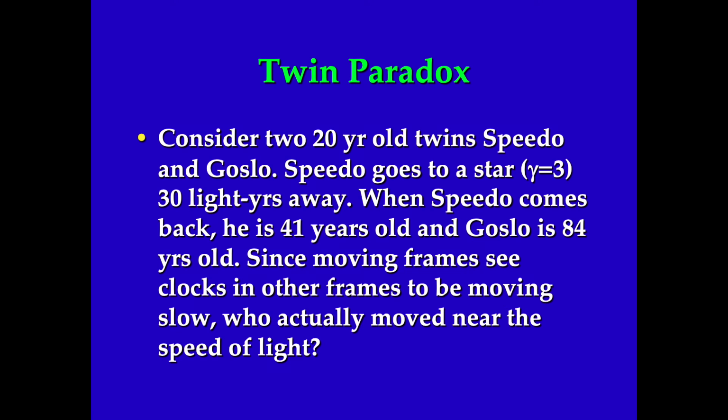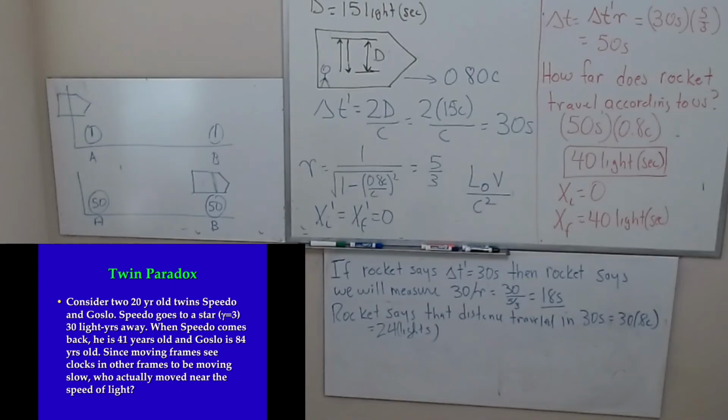This has to do with something called the twin paradox. So you have two 20-year-old twins, Speedo and Go Slow. Speedo goes to a star at a speed where gamma is equal to 3. Doesn't matter what the speed is for this example.